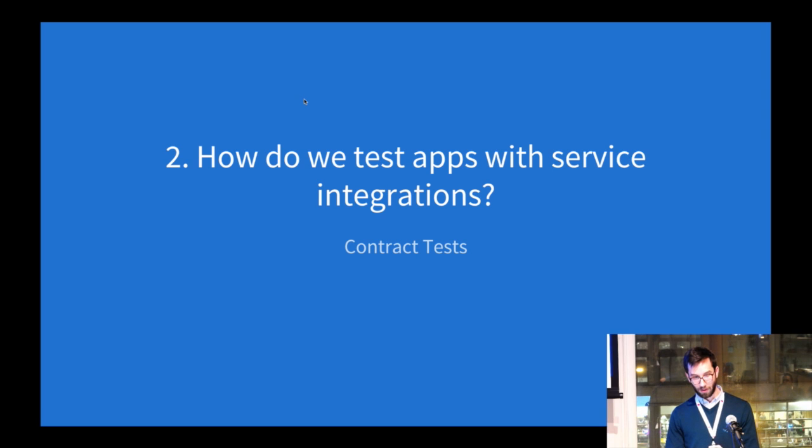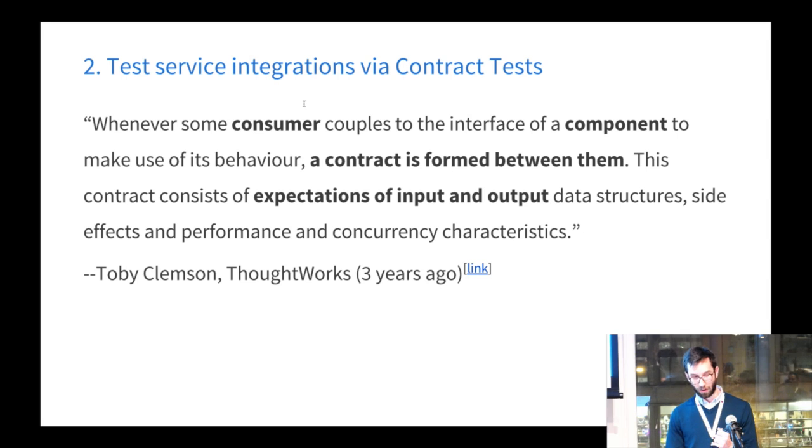Next up, we want to talk about how we're going to test these service integrations in our given app. So I mentioned before this term contract test. It's an idea that's been around for a long time. The principle that underlies it is that when you, in your app, integrate with a collaborating service, you're implicitly defining a contract. So there are 2 sides of that contract.